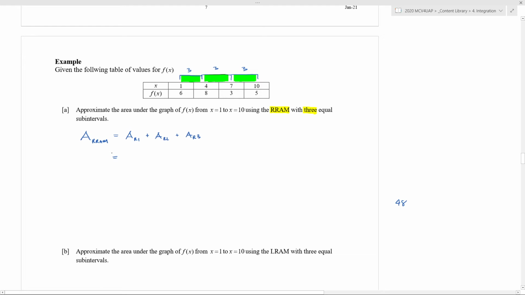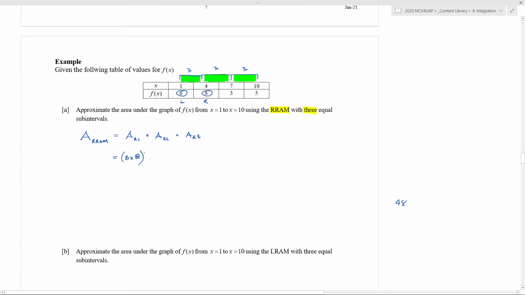If I'm using RRAM, for my first rectangle, this would be the height on the left-hand side if I was using LRAM, but this would be the height, and I mean the y values now. We're looking at the y values. I would have to use 8 as the height of the first rectangle. So the area would be a width of 3 times a height of 8 because I'm using the right rectangular approximation.